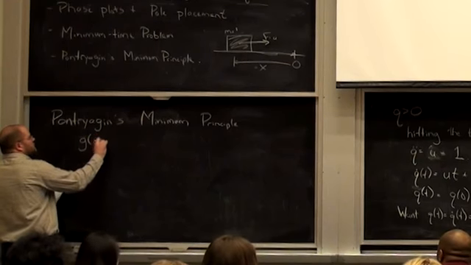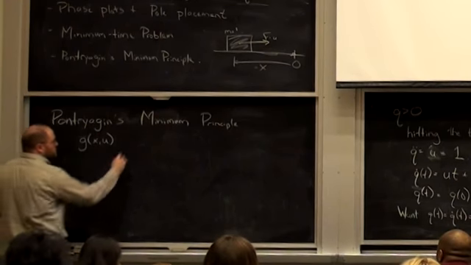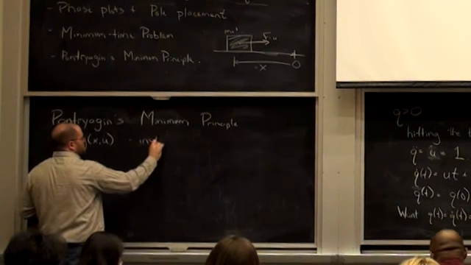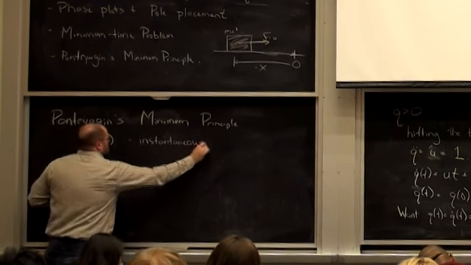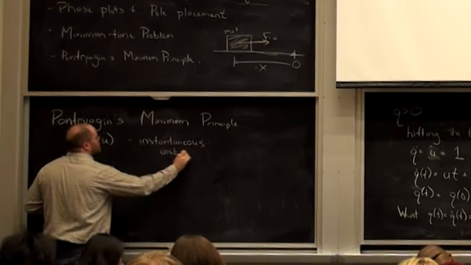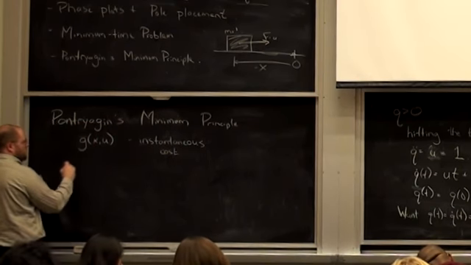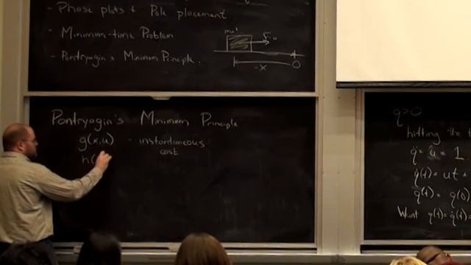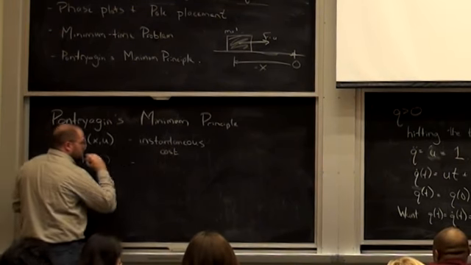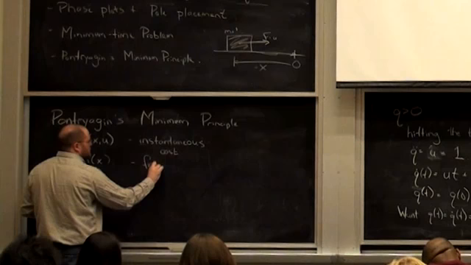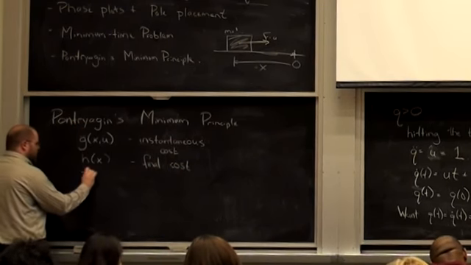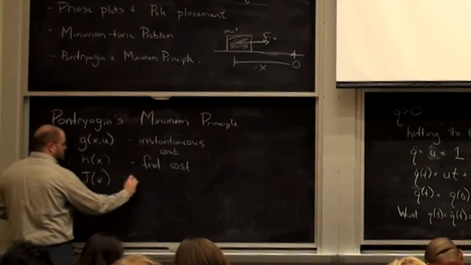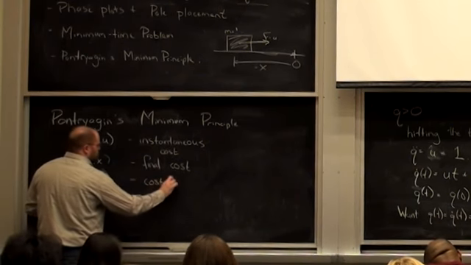I'm going to use the symbols g of x, u as an instantaneous cost function. I'll use h of x to mean final costs. I'm going to show you what this means in a second. And I'm going to use J of x to be a cost to go.